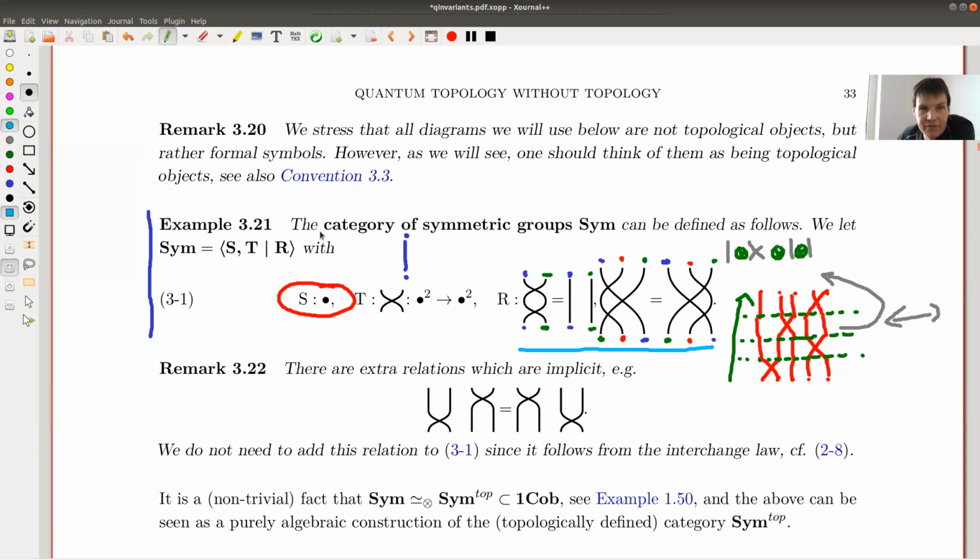And you get the category of symmetric groups. That's why it's called the category of symmetric groups, because in each hom space you have a symmetric group. We'll see more examples like this. So before I move on, or before I repeat what I just said for this example, so here's my set T.